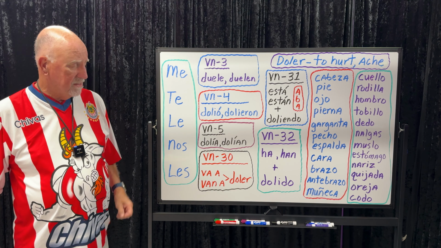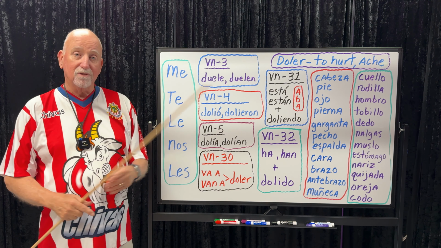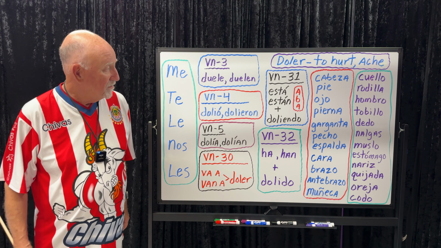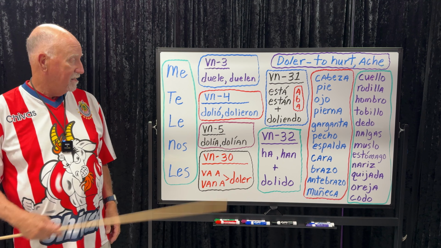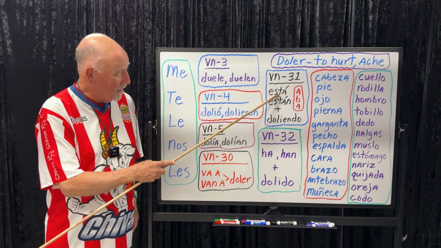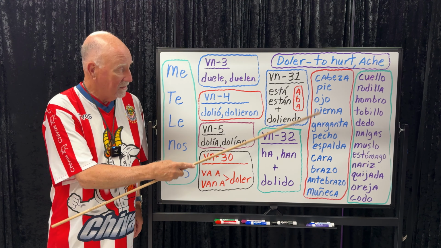We'd change this to a 5. And then doliendo is still a 1. If you want to say it like his back was aching. His back was aching. Le estaba doliendo la espalda. If you want to say my leg was aching, me estaba doliendo la pierna.